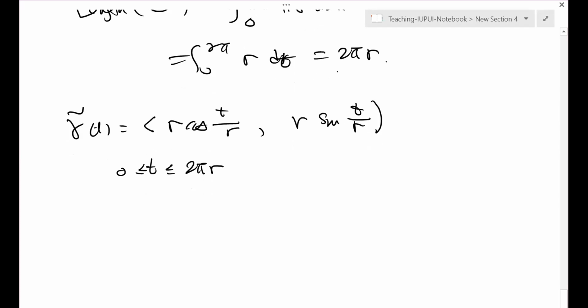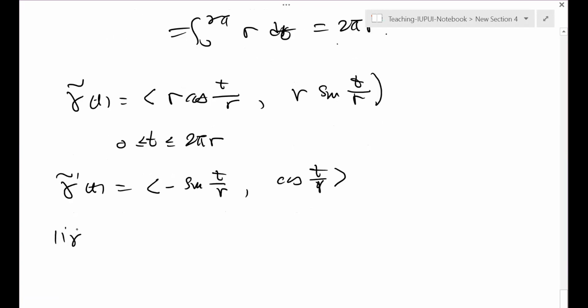So let's check, find the derivative. The image is the same image, right? This is going to be just negative sine(t/R), because R cancels out, and cosine(t/R). So the length of gamma prime is going to be just 1.